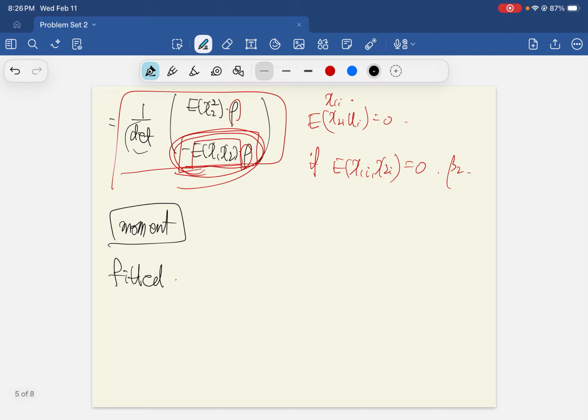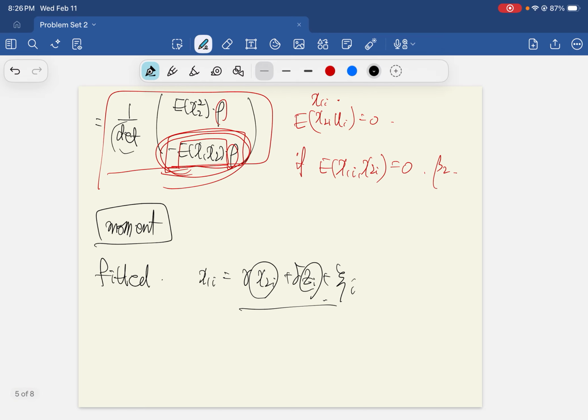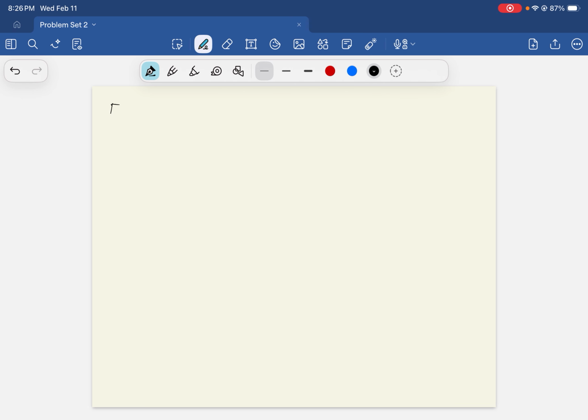With the fitted value approach, you have to think about x1 equals things like this, so you have to include all the exogenous variables on the right-hand side of the fitted value. But I am going to show you the moment condition approach that is based on this and this.